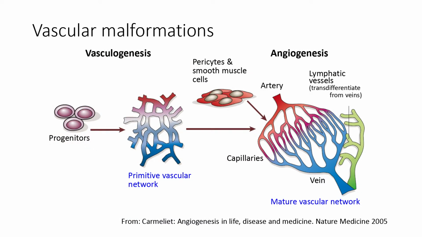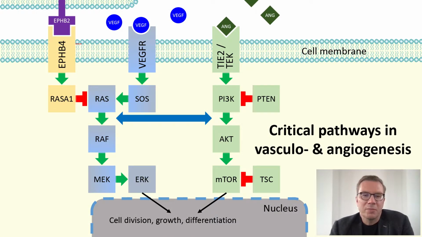This brings me to vascular malformations, which can tell us a strong lesson of mosaic disorders. Vascular genesis and angiogenesis are very complex, tightly regulated processes of development, and they involve the pathways we know already, a combination of RAS, MAP kinase, and PI3 kinase AKT signaling.